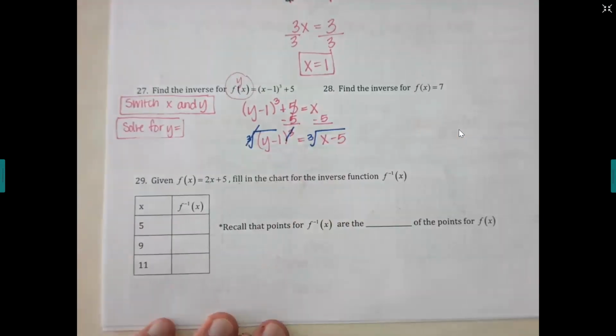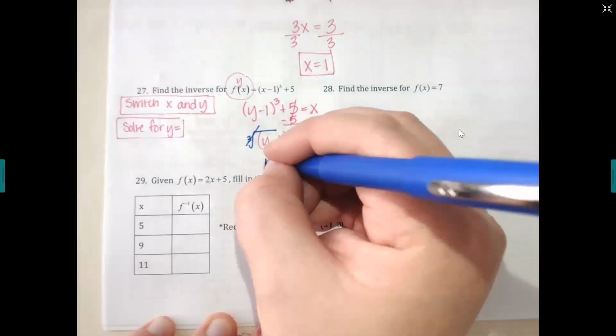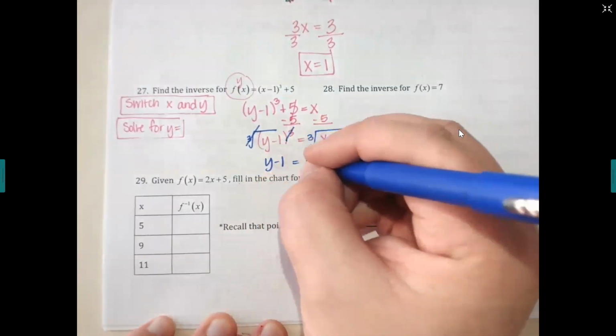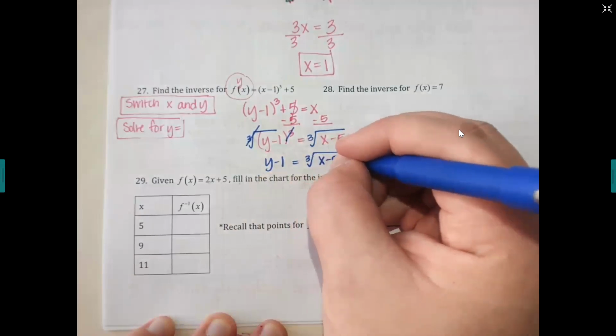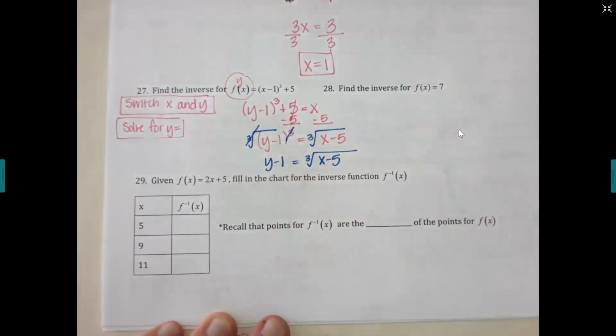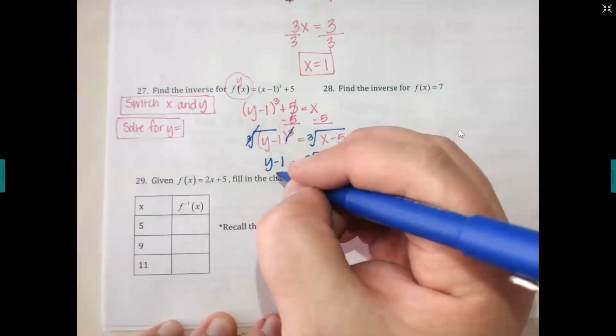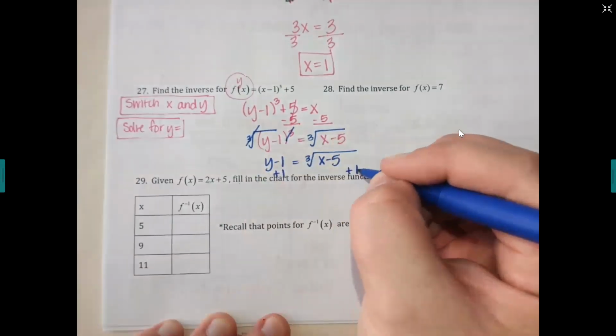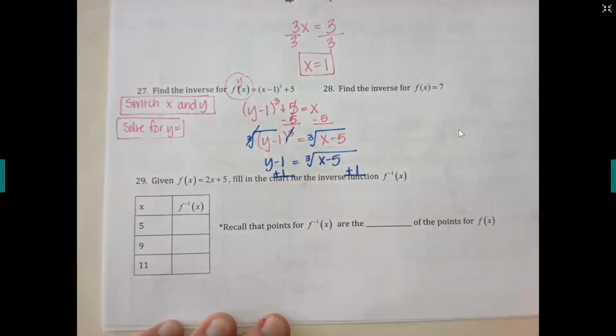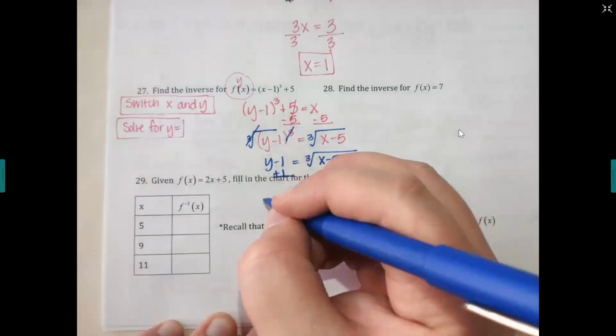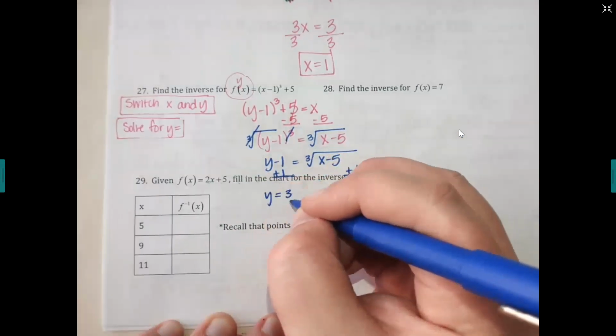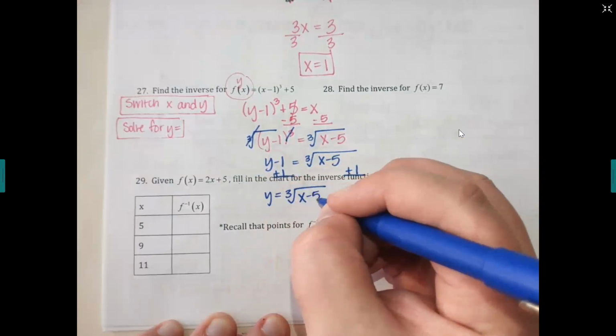So what's the only thing I have left now? Y minus 1 equals the cubic root of x minus 5. And then from there, to get rid of the minus 1, we'll do what? Plus 1 and plus 1. Can I add the 1 directly to the 5? No. So it'd be y equals cubic root, I ran out of room, x minus 5 plus.